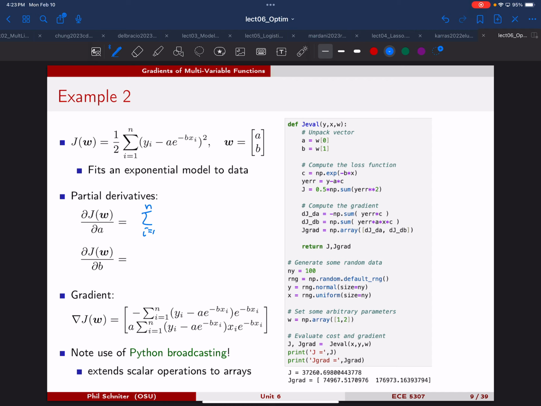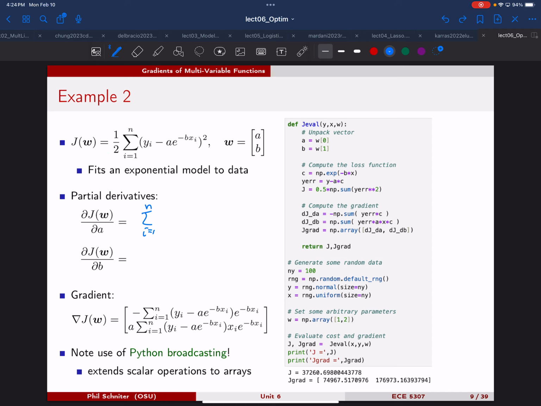Okay, so then we need to take the partial derivative of this, and how do we do that? First, you take the derivative of it as a whole, like 2 times y minus. Exactly, 2 times this times the derivative of this with respect to a. So the 2 will cancel the 1/2.